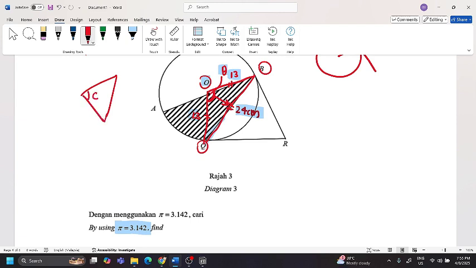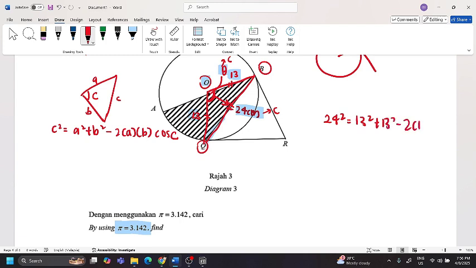This one is angle C, and this one is length C. These are lengths A and B. The formula will be C square equals A square plus B square minus 2AB cos C. So here, what should the formula look like? If this angle is C, then here also C. So it's 24 square equals 13 square plus 13 square minus 2 times 13 times 13 times cos theta.